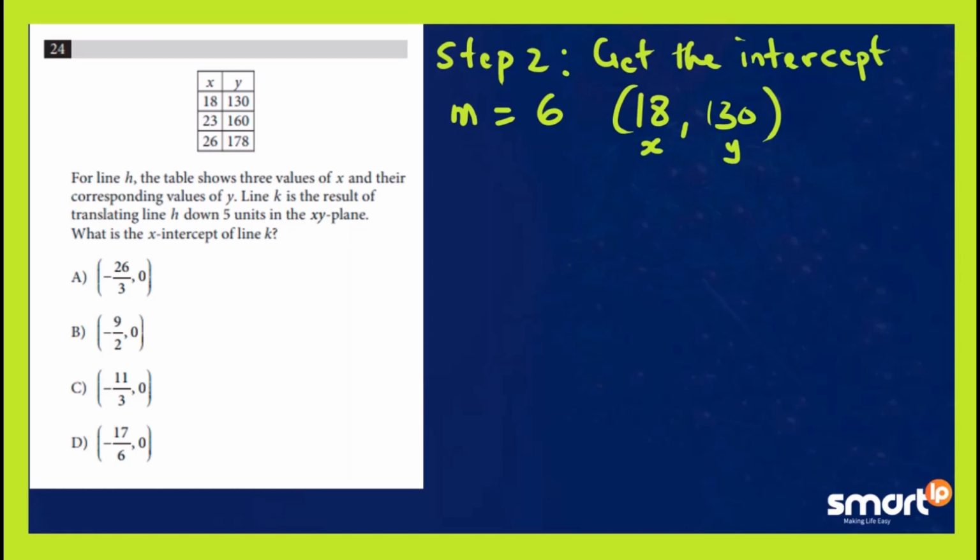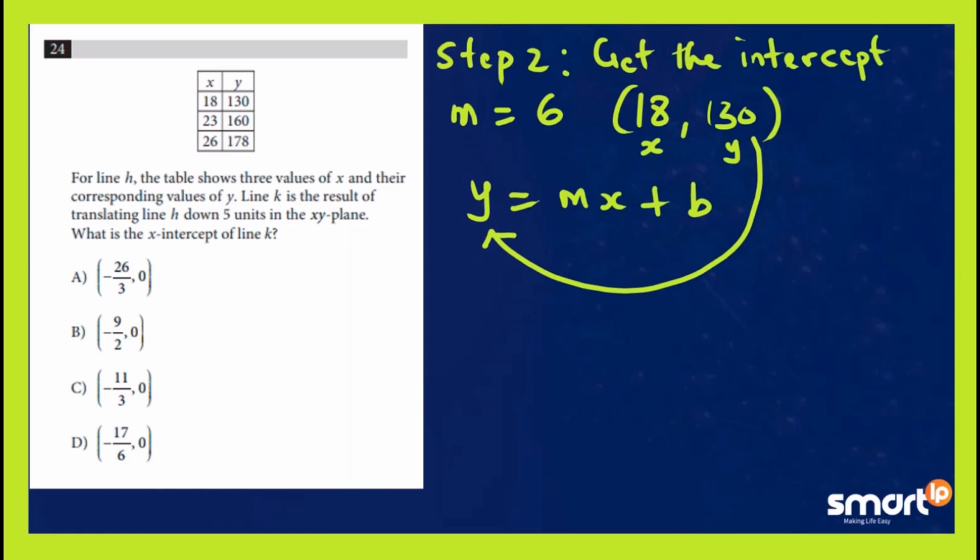We're putting the coordinates of x and y and the slope into the equation of line formula. The equation of line formula is y equals mx plus b. When we have y in this equation, we put 130 there. When we have m, we put 6 there.